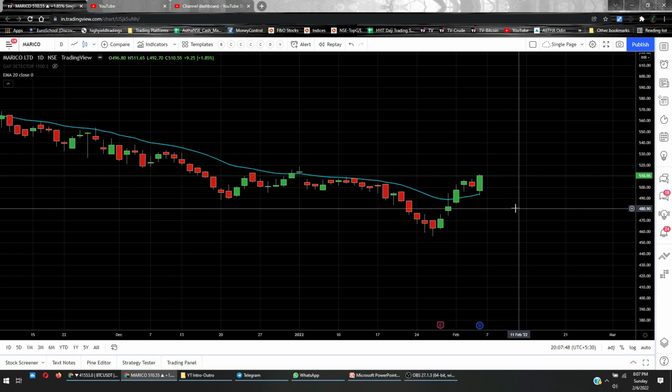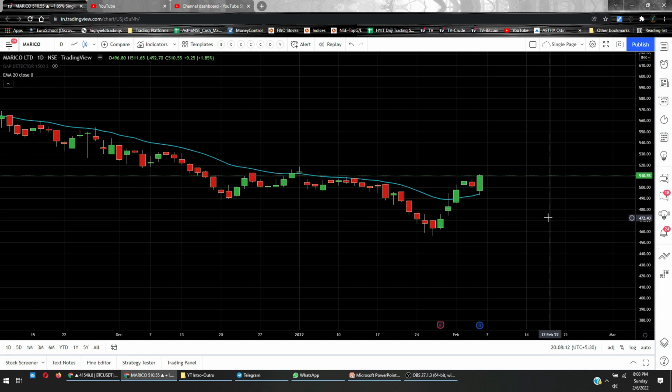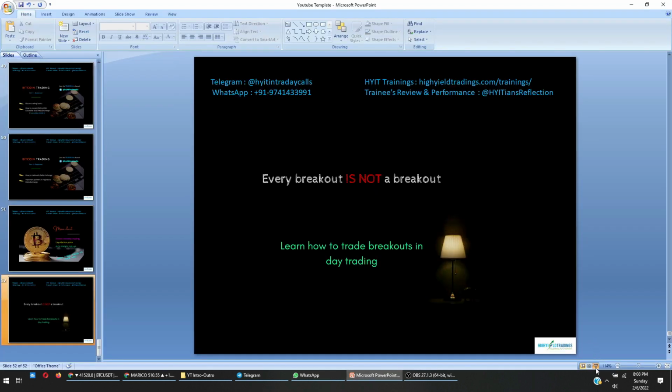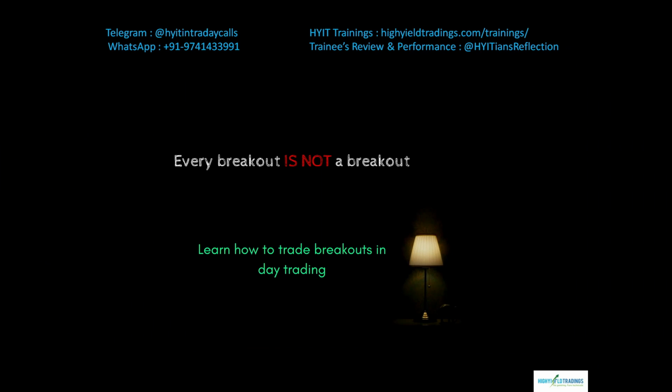Similarly on a sell trade, if you see that a particular script has breached a support level and has closed below it, then allow the script to fall, then allow it to retrace in the upward direction, and then post the retracement, when it again starts falling, that is the time when you initiate a sell trade. That is exactly how you should be handling the breakouts. I hope you are clear on this.